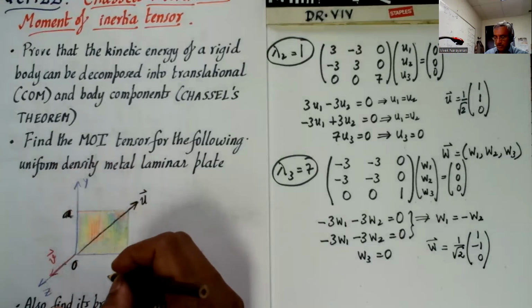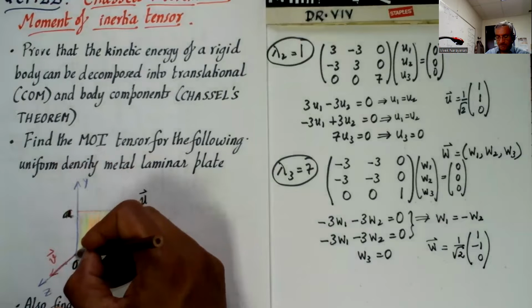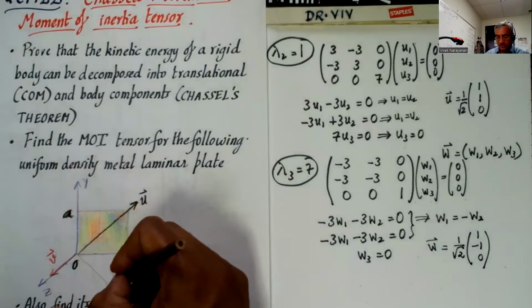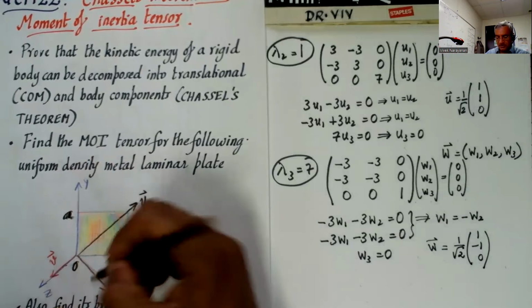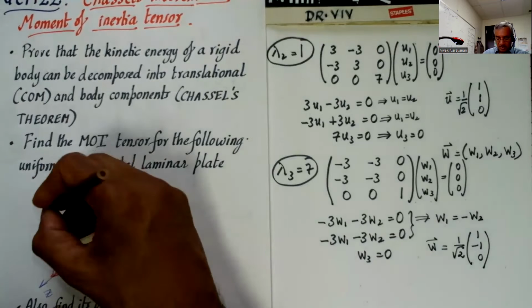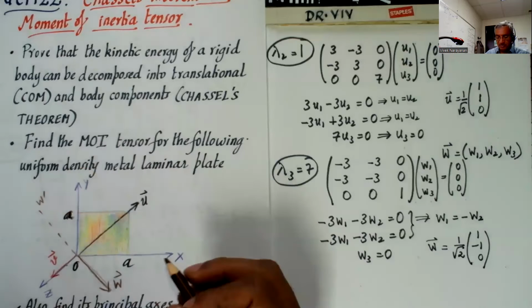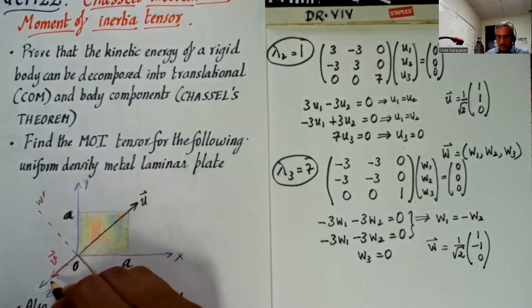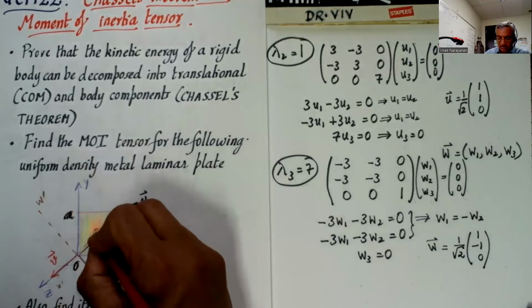X component of 1, Y component of minus 1. So it would look like this. And the WW prime axis is the axis about which you rotate. The UU prime axis is that axis, and the VV prime axis.